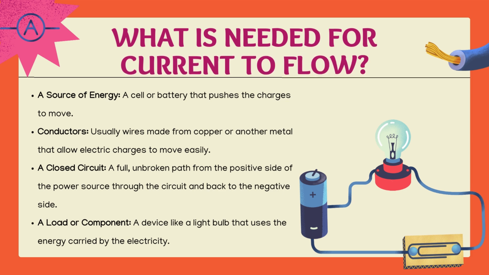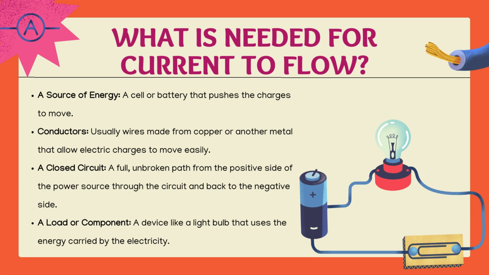For electricity to flow, we need a few important things. First, we need a source of energy. This can be a battery, which stores chemical energy and changes it into electrical energy. Then we need conductors, wires that connect all the components and allow electricity to move through. But the electricity won't move through the path when the path is not closed, which means all the parts must be properly connected with no breaks.